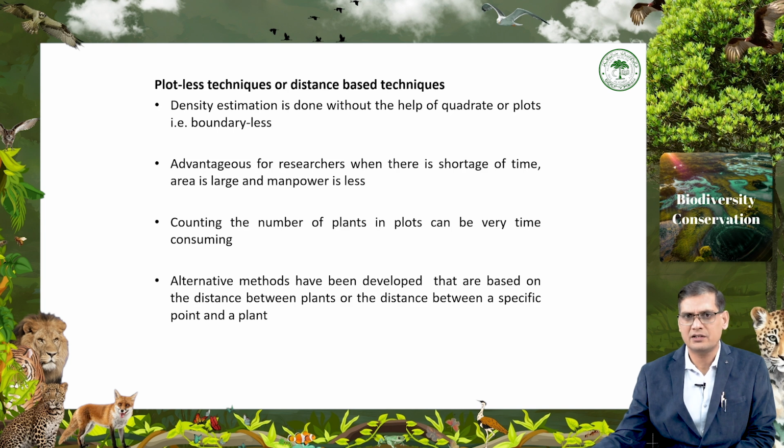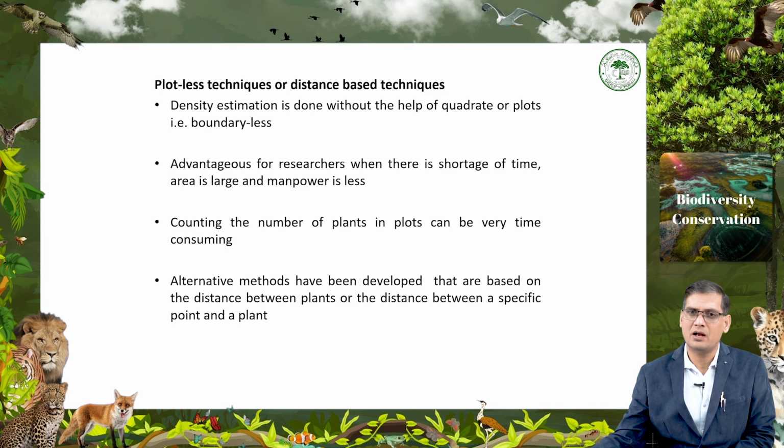In these techniques, density estimation is done without the help of a quadrat or a plot, meaning these techniques are boundaryless. They are advantageous for researchers or surveyors when there is a shortage of time, the area is large and manpower is less, as these techniques are faster and easier to implement in the field.